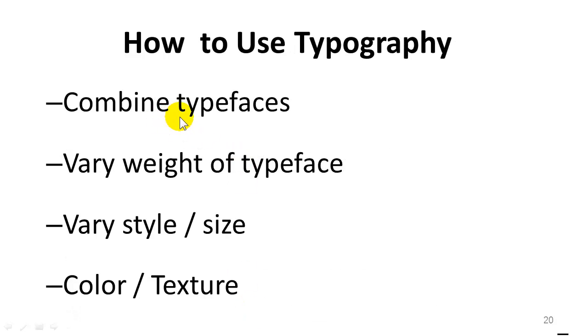Sometimes combining different typefaces works very well. Sometimes just varying the weight of typefaces works well to communicate the different effects that we just talked about. Varying the style and varying the colors or textures. So these are different ways that we can use our typography to communicate different messages to the user.